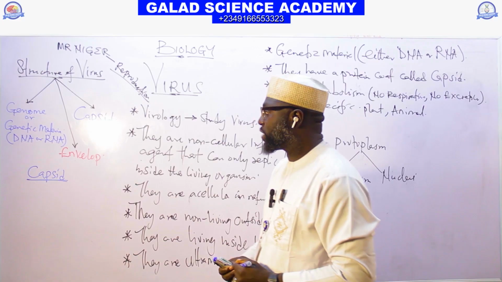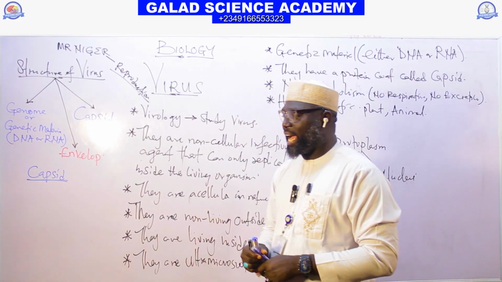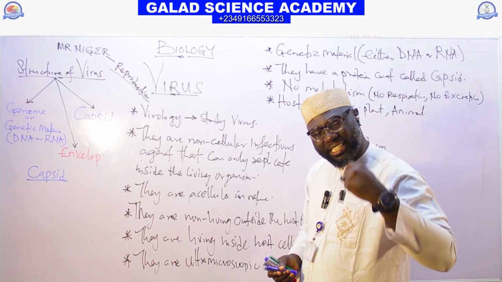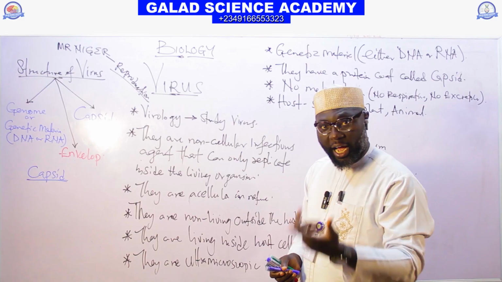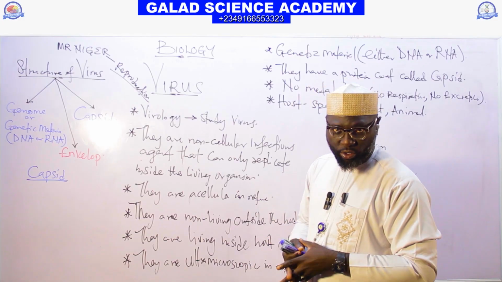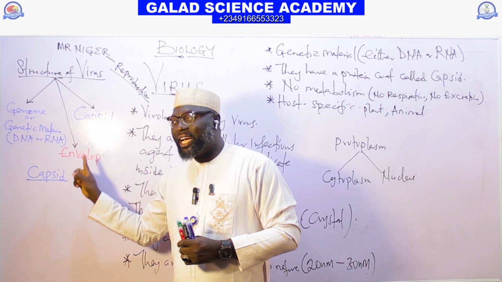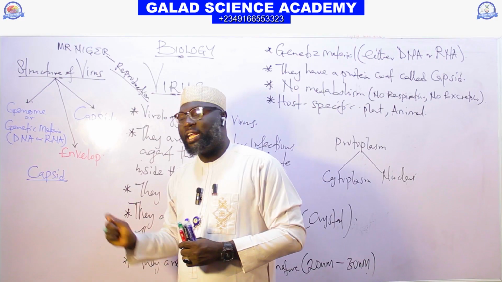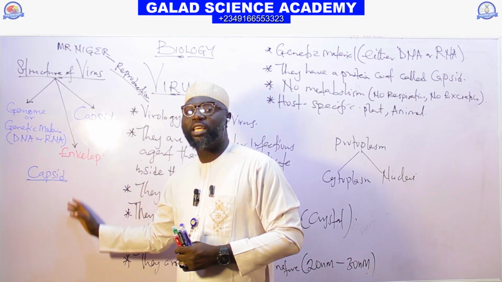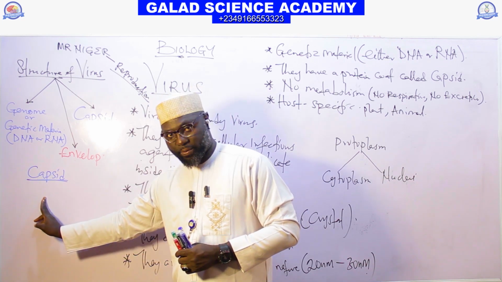See, if I'm talking of capsid, like I said earlier, the capsid in a virus is a protein coat layer that surrounds the nucleic acid of the virus. It is called capsid.